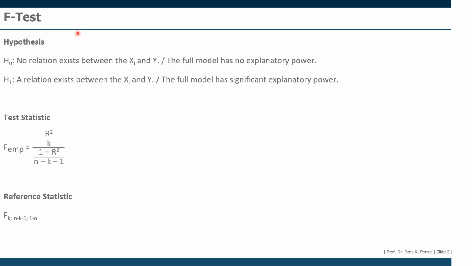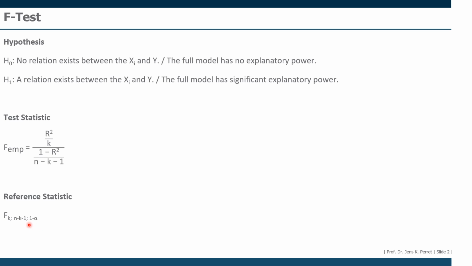The F-test, if we actually look up this reference statistic in a table, is a bit different than, for example, when working with the t-statistic or the chi-squared statistic, because we have 2 different degrees of freedom. So a table can only cover so much. We have 3 values here. Tables are 2-dimensional.